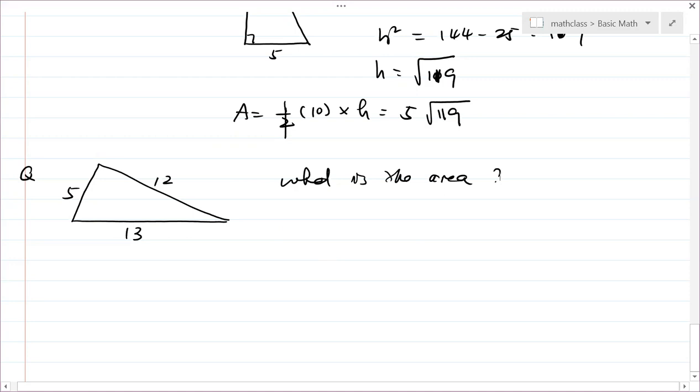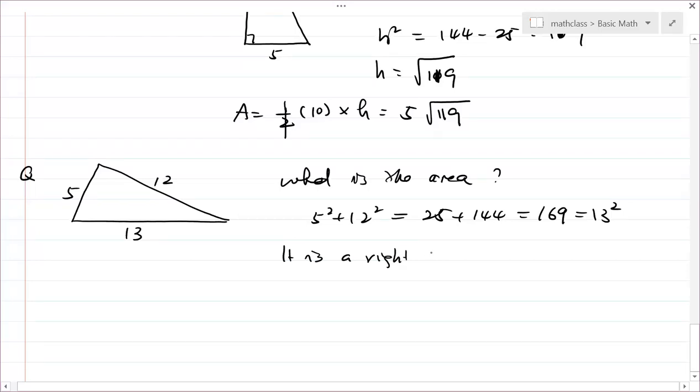So you are given this triangle. But the first thing you have to check is whether this is a right triangle. So 5 squared plus 12 squared equals 25 plus 144 equals 169 equals 13 squared. So what does that mean? This is a right triangle, okay? If it is a right triangle, you let it stand up.